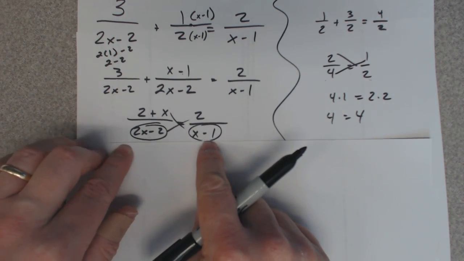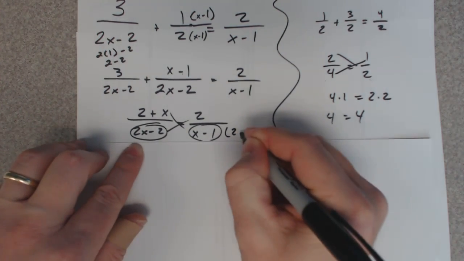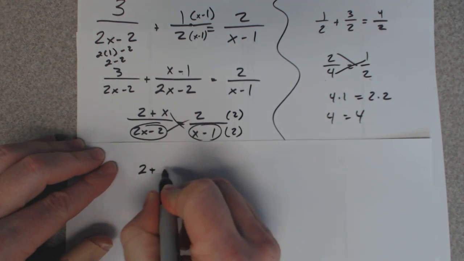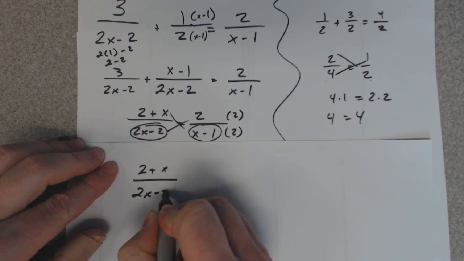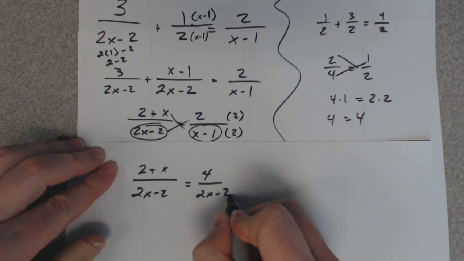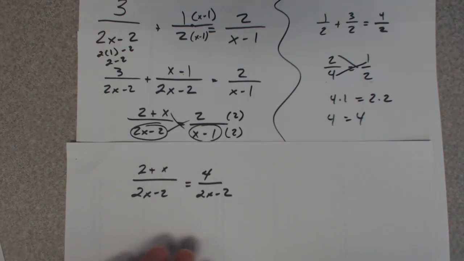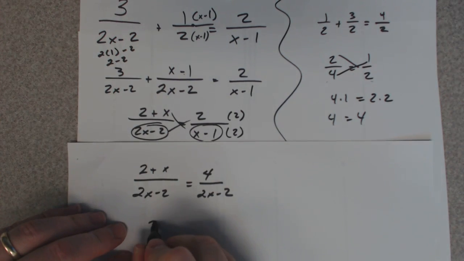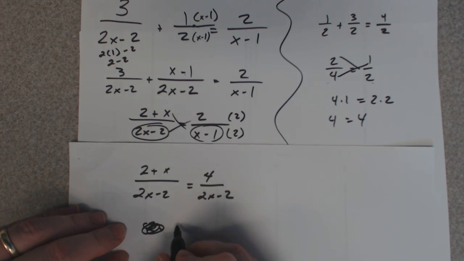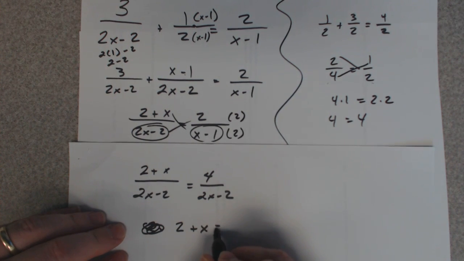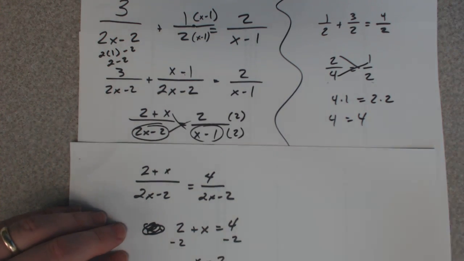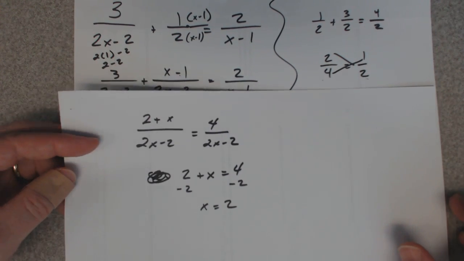If I multiply this bottom here by 2, that means I have to multiply the top by 2. Well, now I can set the top equal, since the denominators are equal. Subtract 2, x is equal to 2. That's a little bit easier, isn't it?